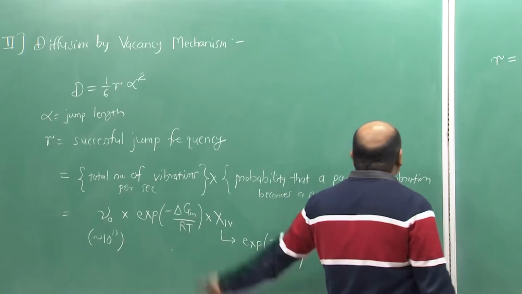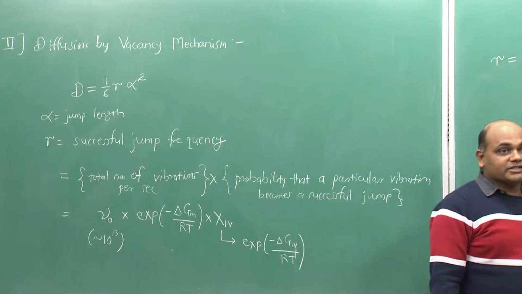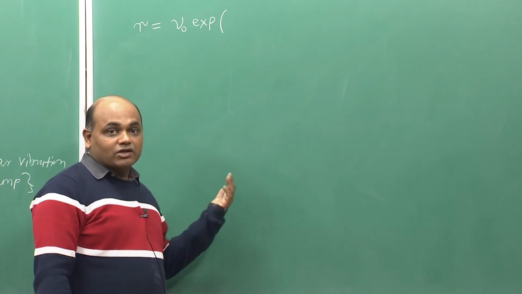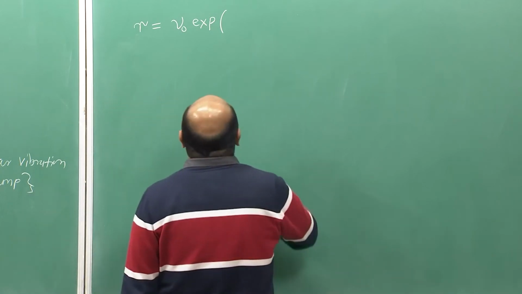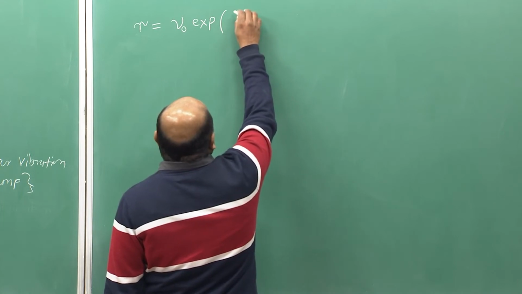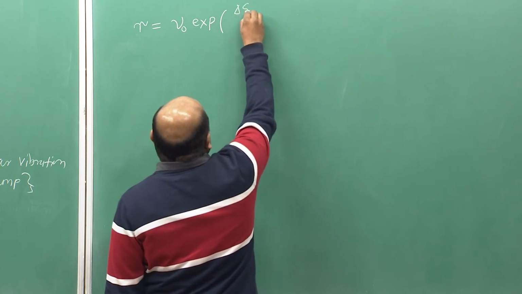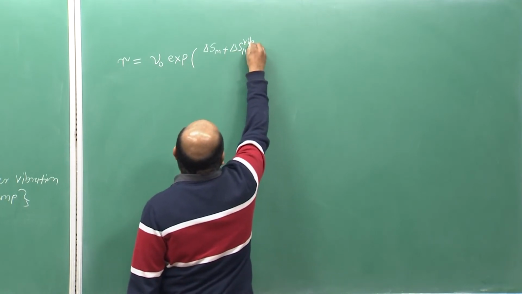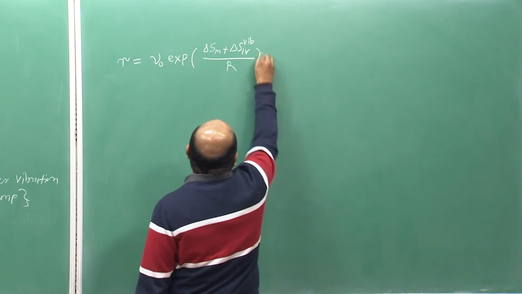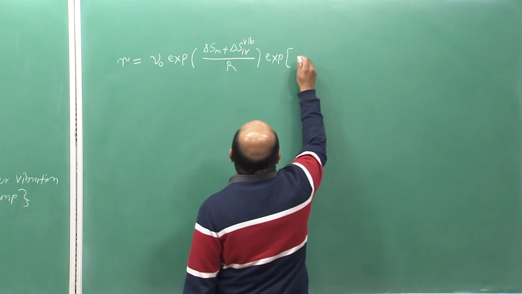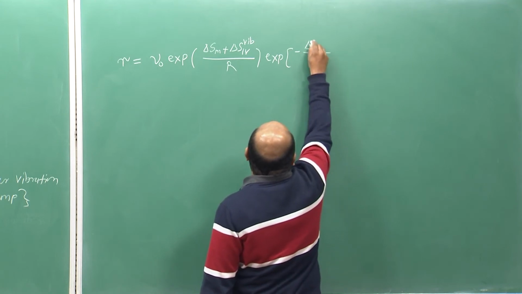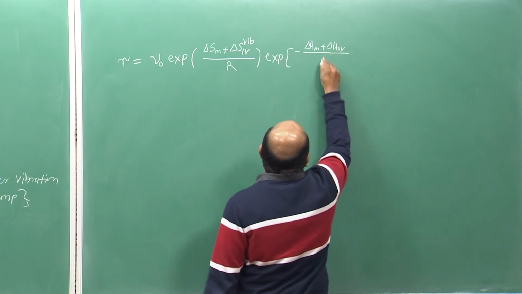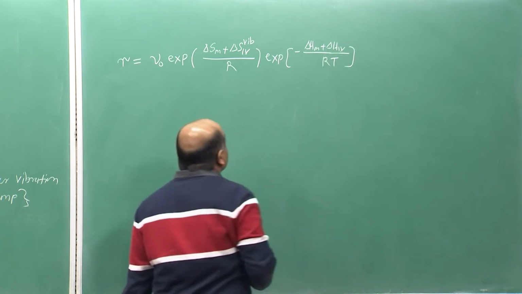Now, if we write delta G as delta H minus T delta S, and then if we take the entropy and enthalpy terms together, we can write nu 0 exponential (delta S m plus delta S 1v vibrational) divided by R times exponential minus (delta H m plus delta H 1v) divided by RT.